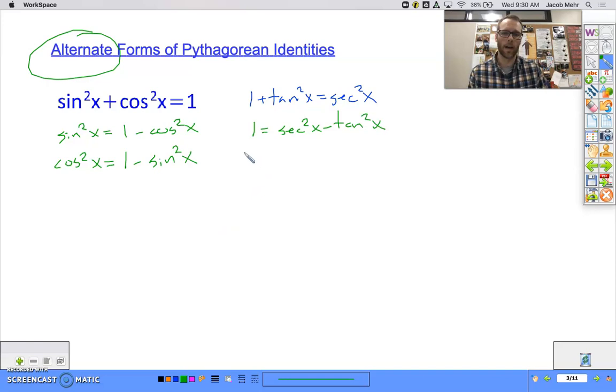I can write it as the tangent squared equals the secant squared minus 1. That's a pretty common alternate form of this identity. And there we have it. So those are our alternate forms for that one.